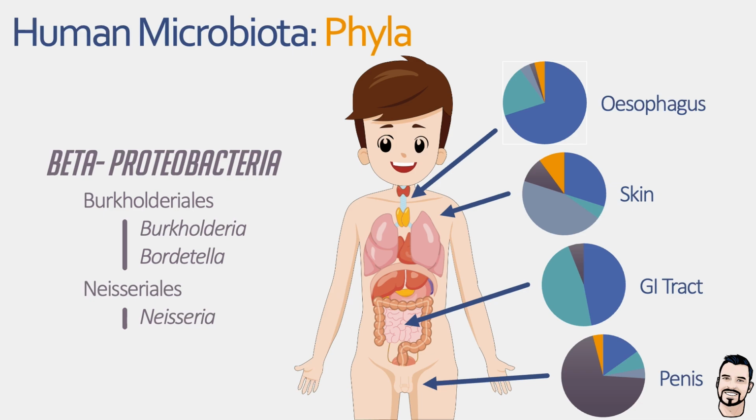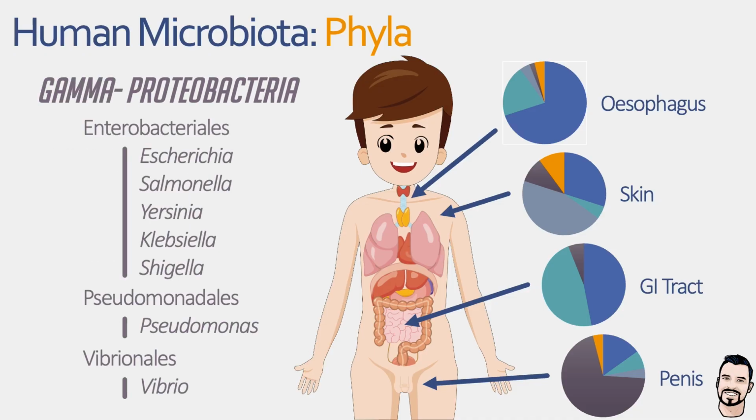Then we have the Neisseriales, which include the genus Neisseria, which contains both commensal species and pathogenic species. For example, Neisseria meningitidis and Neisseria gonorrhoeae are responsible for meningitis and gonorrhea respectively.